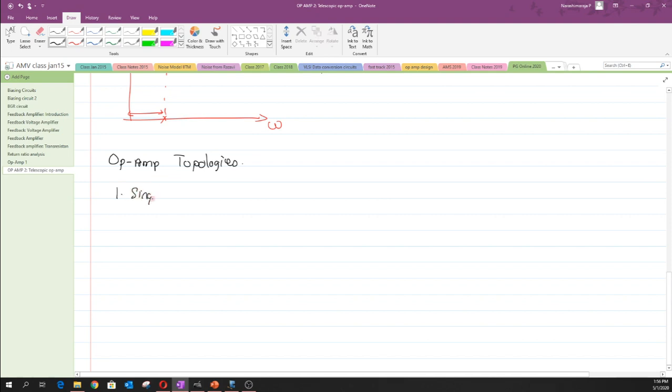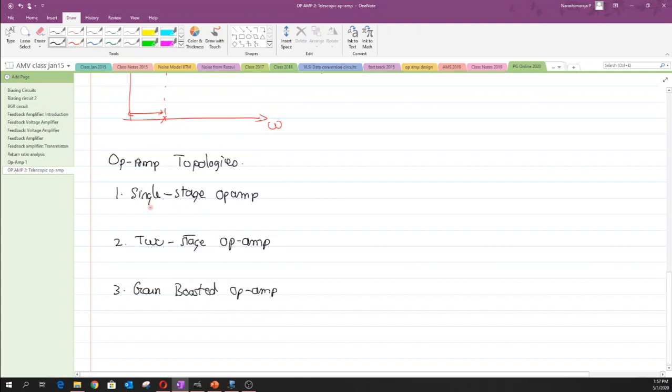One is a single stage op-amp, the second one is a two stage op-amp, and the third one is labeled as gain boosted op-amp. Okay.